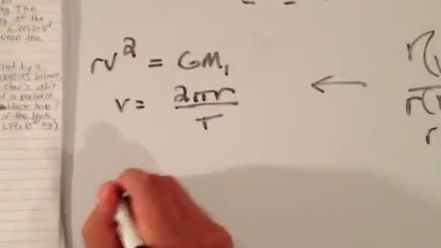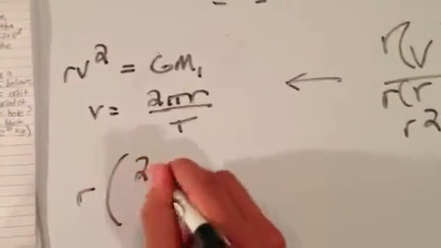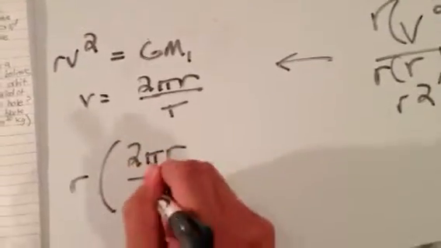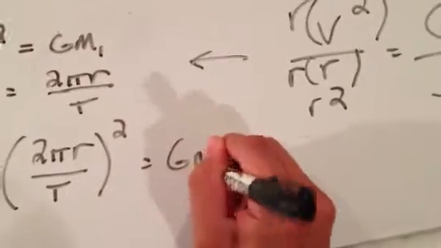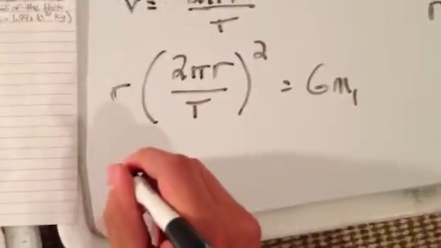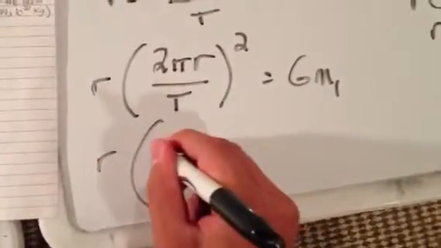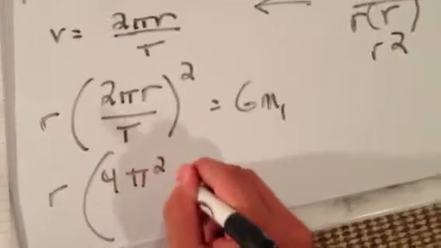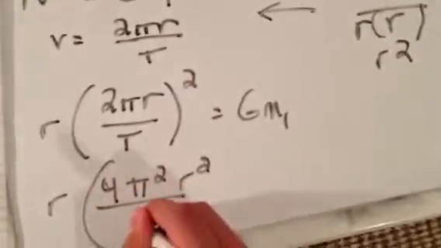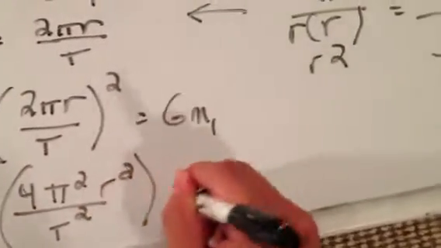Now, I understand that's going to get a little bit messy, but like I said, by establishing this general equation here, we're going to find the answer. So let's square this. So we get r times the quantity 2 squared is 4, pi squared, r squared over T squared, and that's equal to G m1.